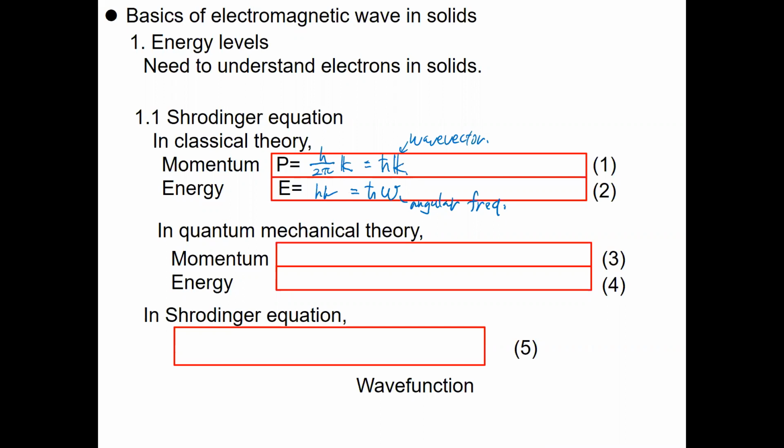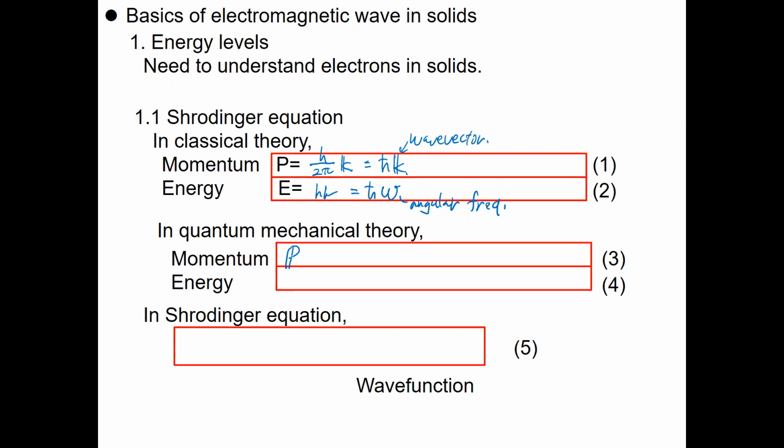That's why in quantum mechanical theory, you have the momentum and energy as operators. Operators mean some mathematical procedure, and until you apply that mathematical procedure, you cannot obtain the value.